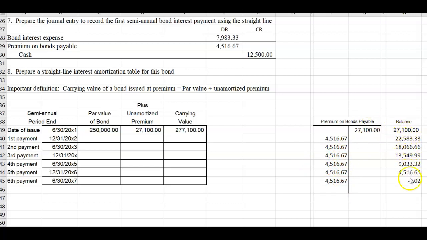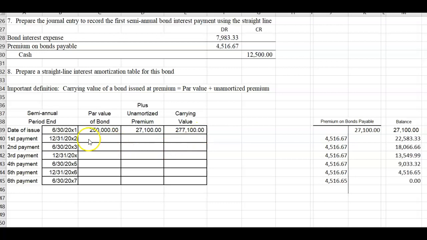We do have a little bit of a rounding problem. So what we're going to do is make the final payment 4,516.65 or 67 cents, and that will get our balance down to zero.